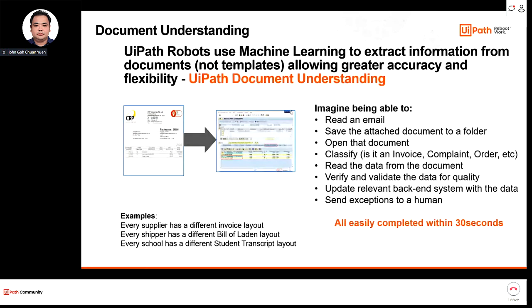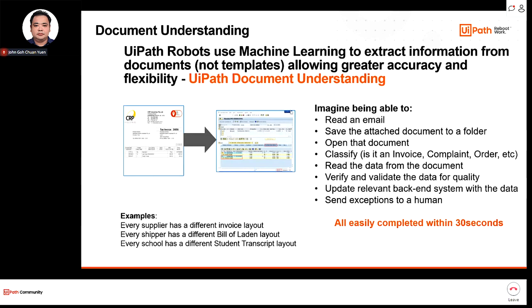The good thing about UiPath Document Understanding is that we have out of the box, pre-trained models which you can directly plug and play or use immediately. We have some out of the box models like invoices, which can easily recognize your invoice, purchase order, receipt, and passport.